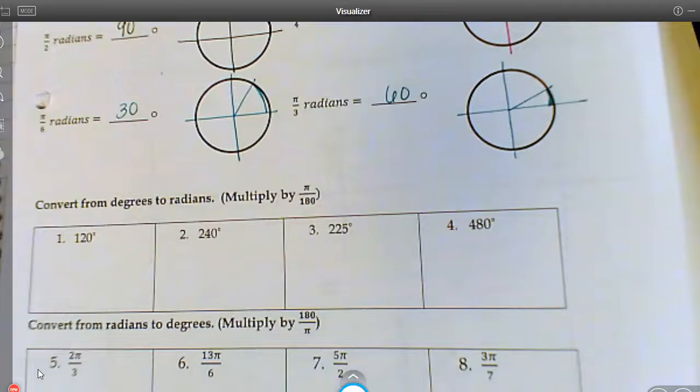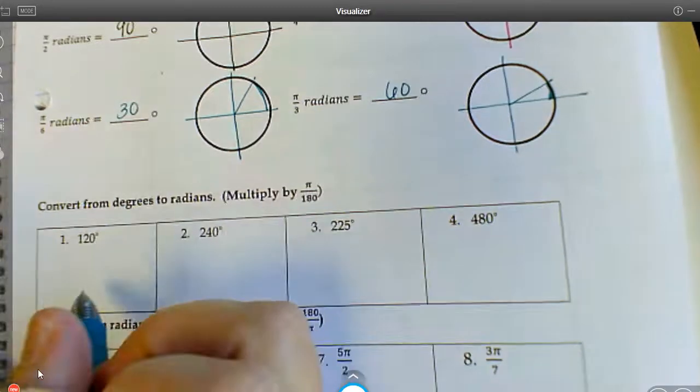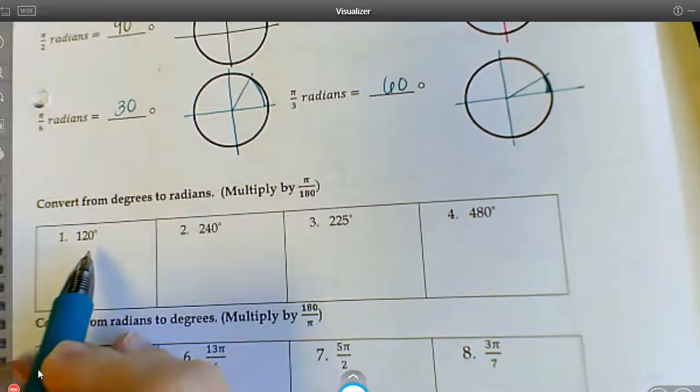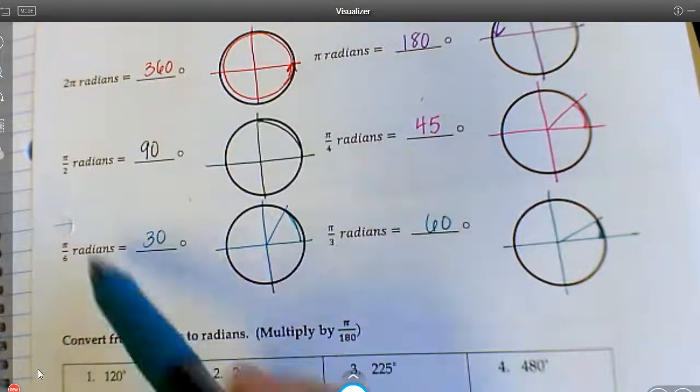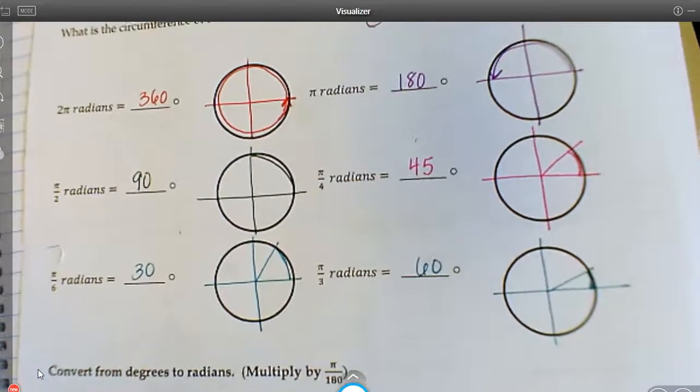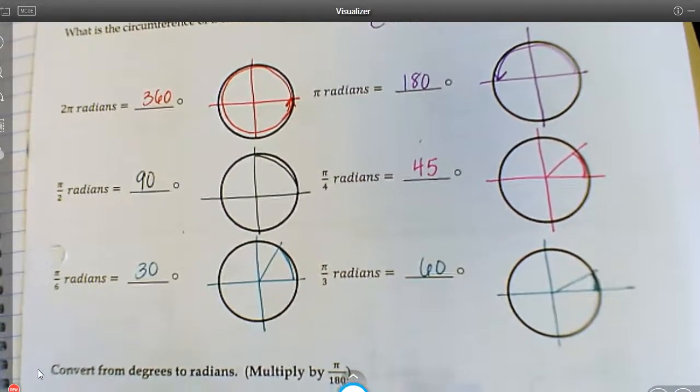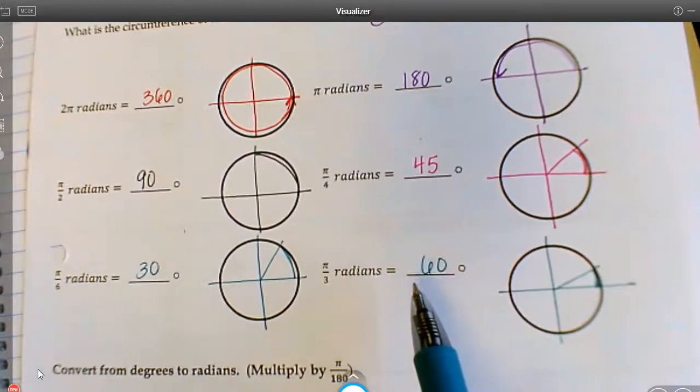But I want to show you another way first, just because I think that if you are in future math classes and know it right off the top of your head, this might be another way to do it. So 120 is a multiple of something up here. What is it a multiple of? Either 30 or 60, right?